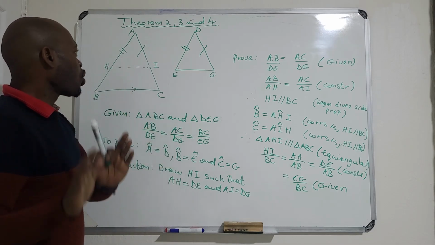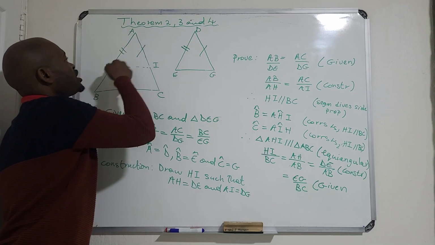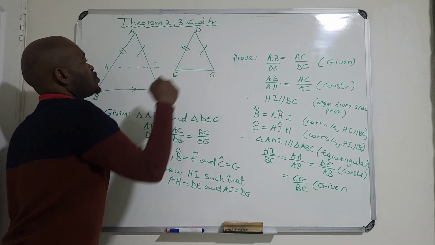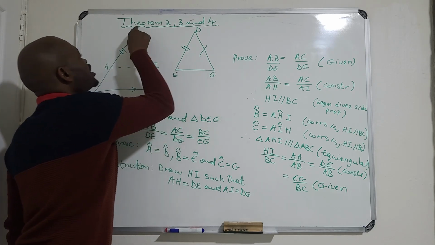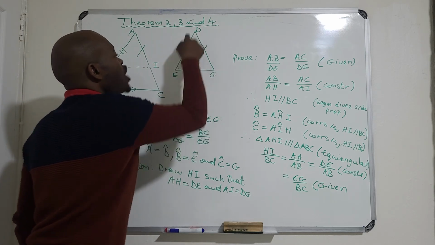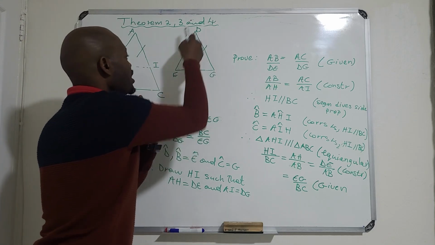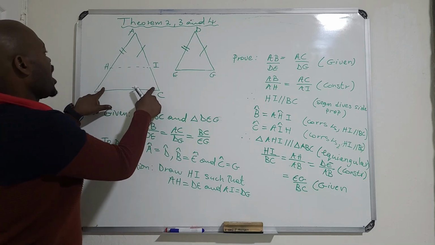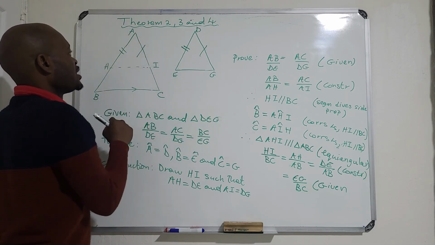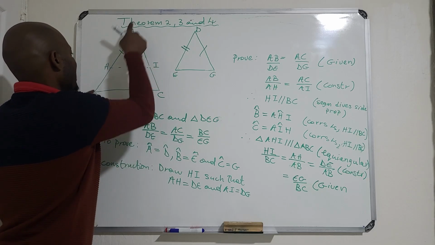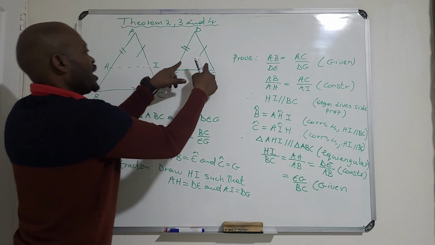Therefore, we are proving congruency in such a way that, because we know that this side is equal to that side, this side is equal to that side, if we can get that this side is equal to this side, then we have proved that the two triangles are congruent. Once we have proved that, since this is equiangular to that, it will mean that this is equiangular to that.